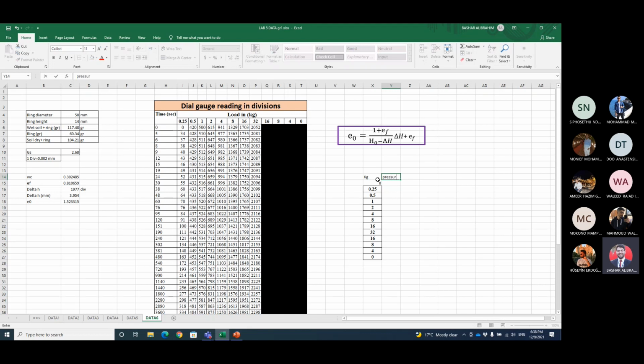So pressure will be, as we say, load times the gravity, 9.81, times the moment arm correction factor, times 1000, divided by the area, which is the diameter square. So I will fix this. Then I will put square divided by 4 times pi. Okay. Then I will click and drag. So here we have the pressures evaluated.